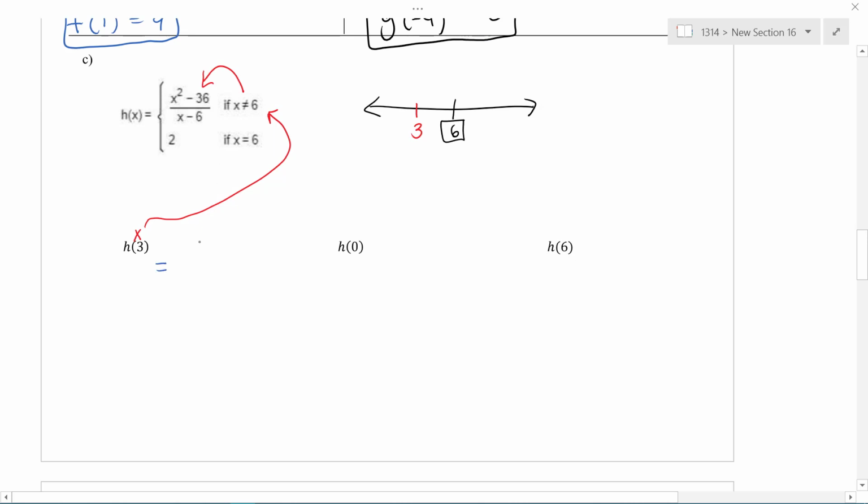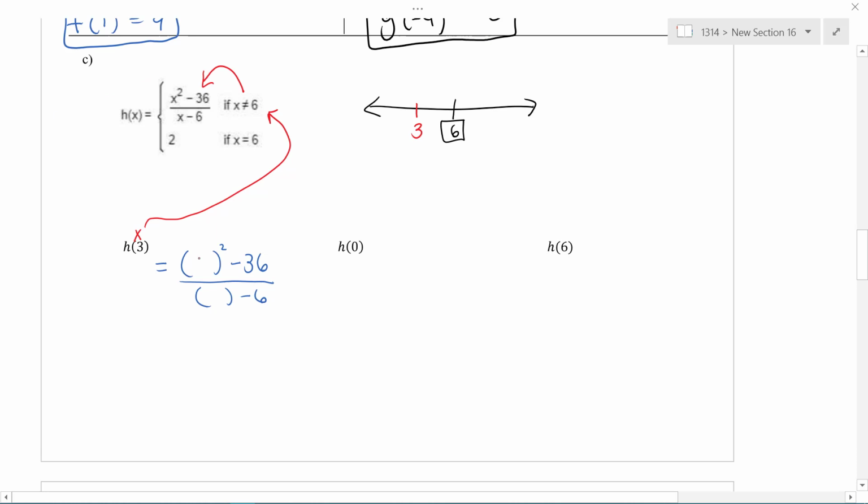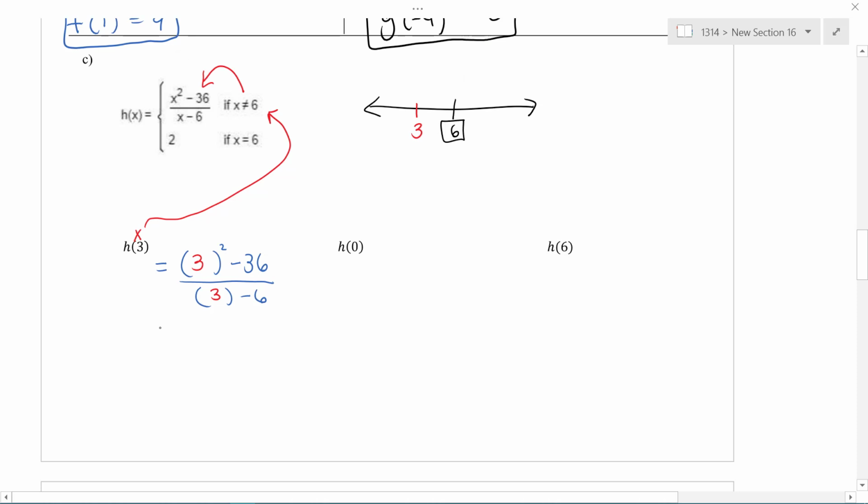Alright, so that means I'm going to put parentheses everywhere I see an x in that top equation. So I have parentheses squared minus 36 and then parentheses minus 6. So I'm going to put a 3 in place of x in those parentheses. At the top I have 3 squared, that's 9, minus 36.